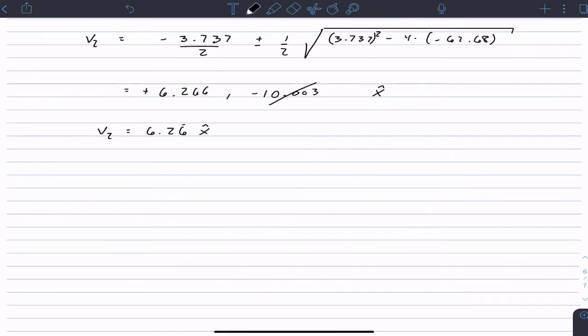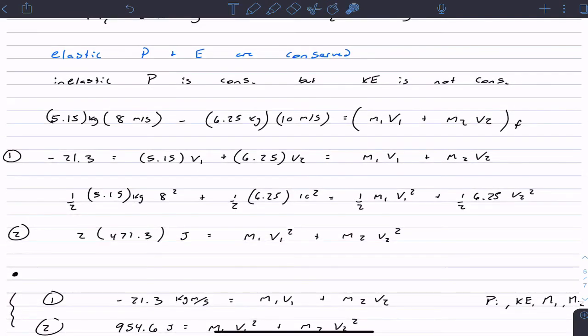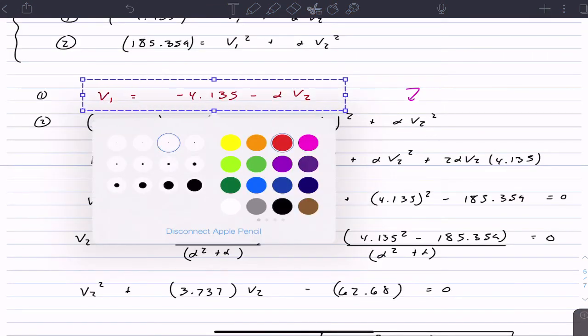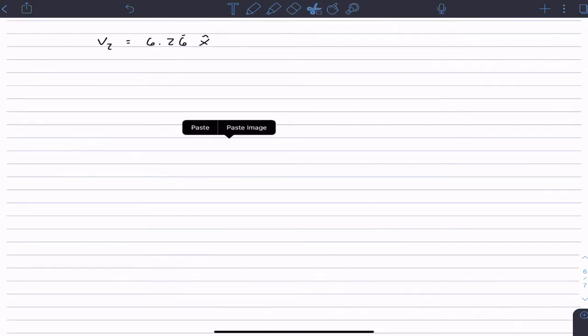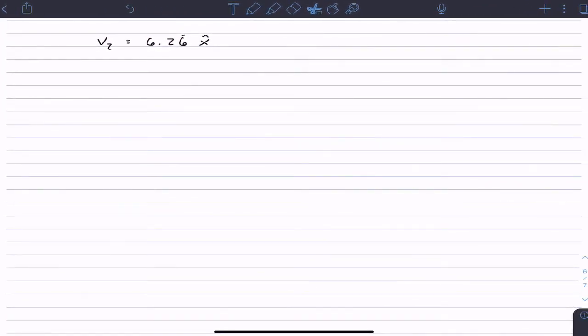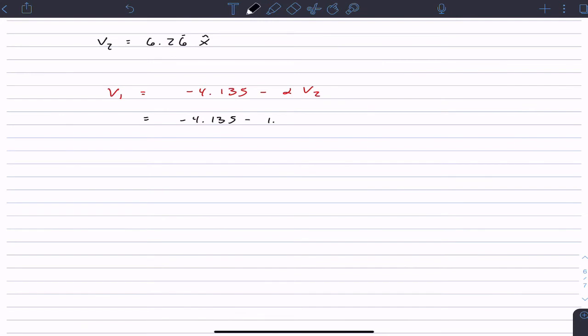Okay, so now we can just plug that back into the original system and find V1. Here's the equation that I'm going to use, this one. So I just plug V2 into that, and I should come up with a value that makes sense. Okay, not sure what happened there. All right, so then that means that this is equal to negative 4.135 minus 1.213 times, what was it? It was 6.26, and this is all in meters per second.